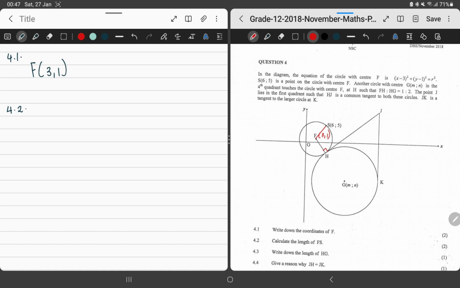FS is the radius. So FS is equal to the square root of (x of S minus x of F) squared plus (y of S minus y of F) squared.